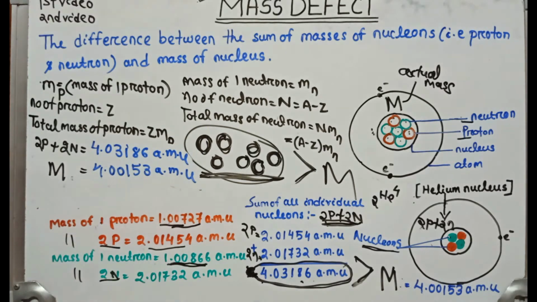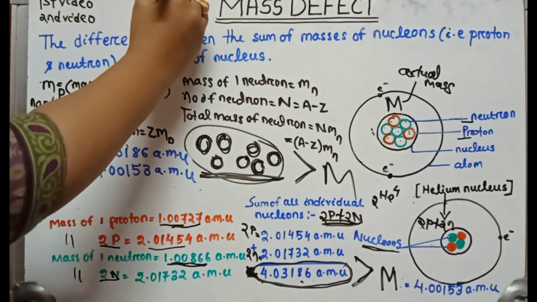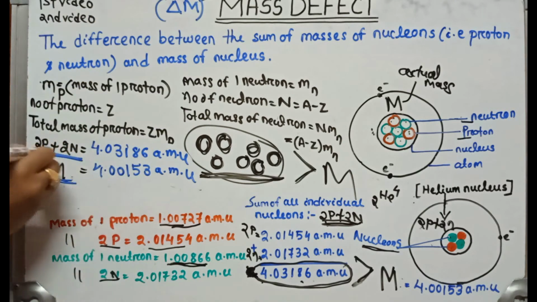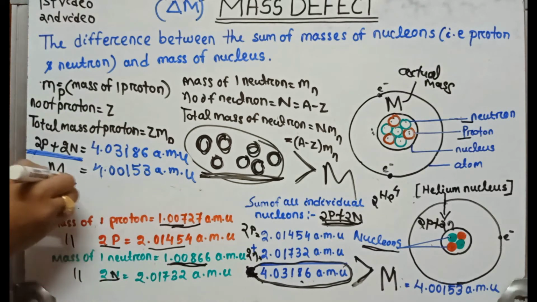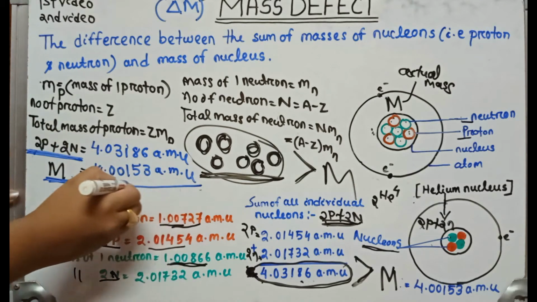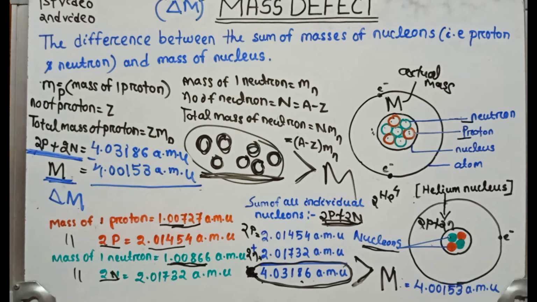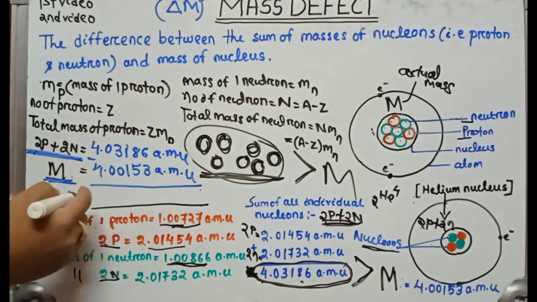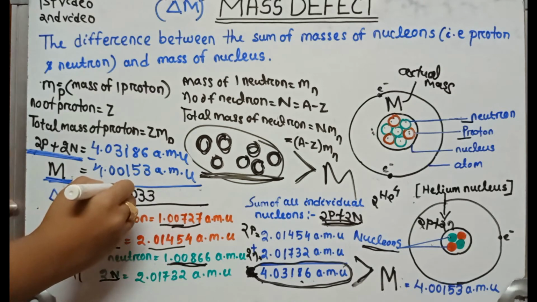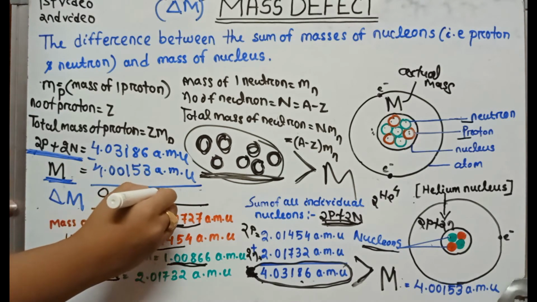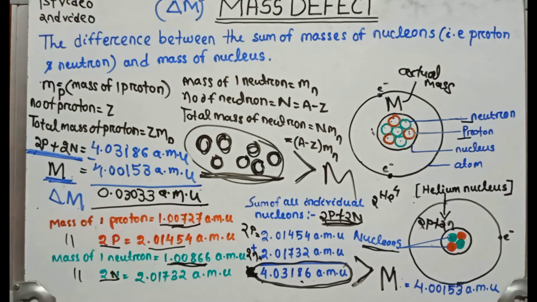The mass defect is denoted by delta M. It is the difference between the mass of the individual nucleons and the actual mass of the nucleus. Subtract this, and you get the mass defect. What value comes here? That is 0.03033 AMU. I think on the basis of this example, you totally understand what mass defect is.